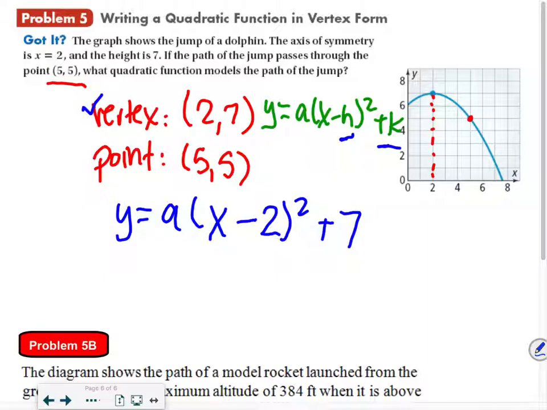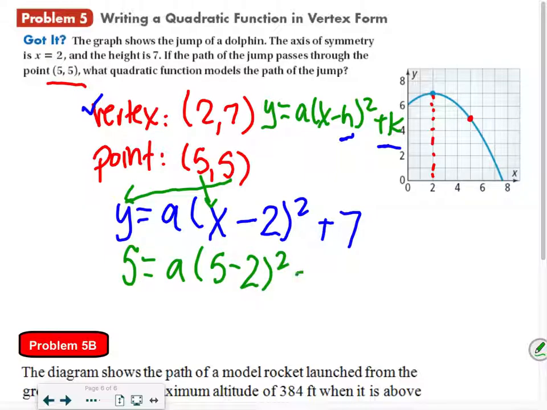Not helpful anymore. What can I do with my point? You put the X and the Y. Put X, our 5 in. And then the Y, our 5 in. So this should look like 5 equals a times 5 minus 2 squared plus 7. I now only have one variable that I can solve for.